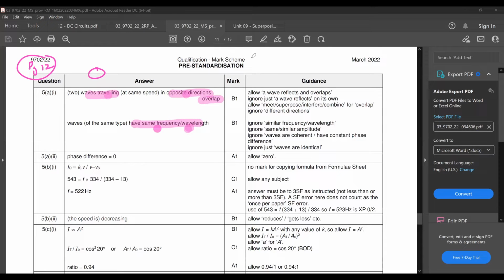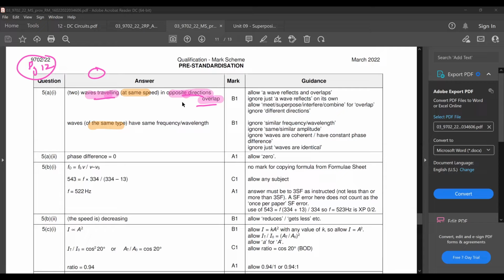Saying that they have the same speed or are of the same type is optional and not credited. If you say frequency already, you don't need to say wavelength. You just need to say either one.